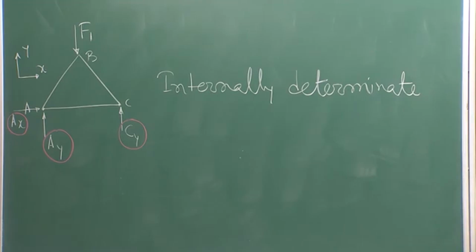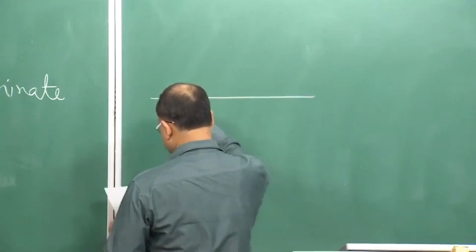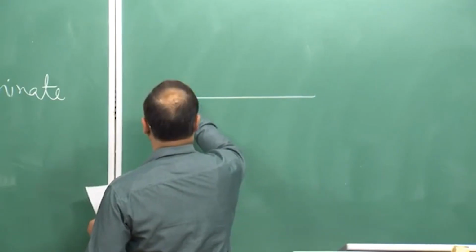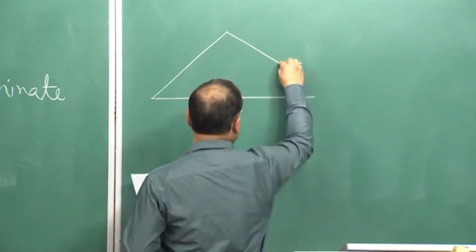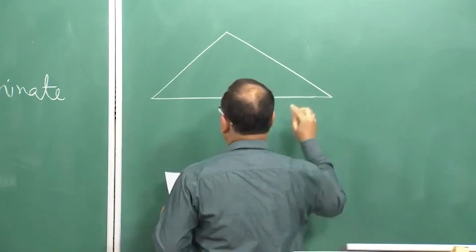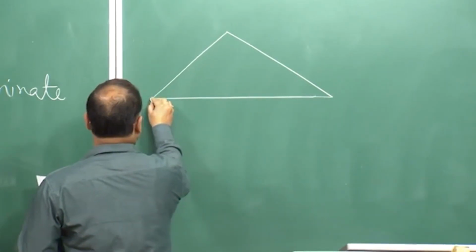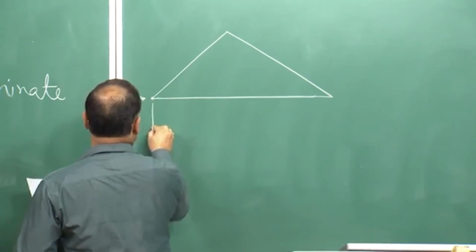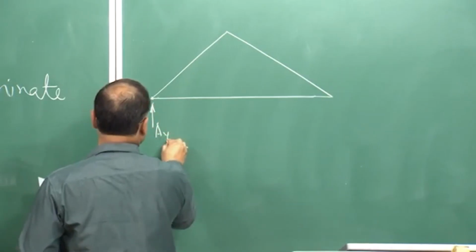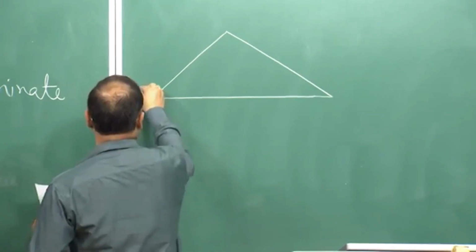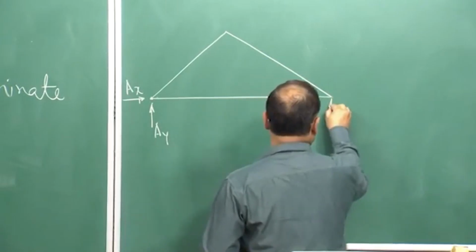truss, right. Similarly, if you look at this truss, let me draw it. You have support reactions AX, AY, this was hinge. And you have roller support here.